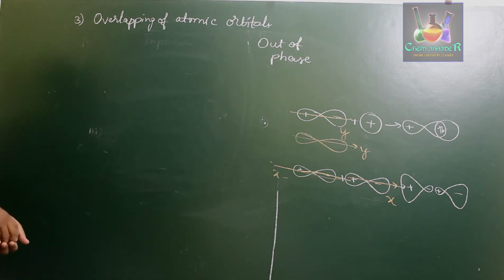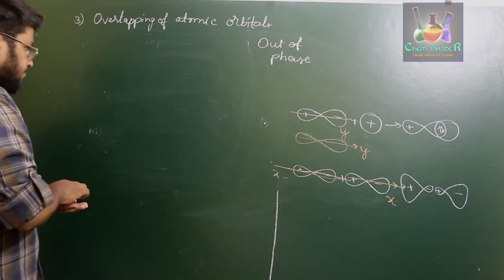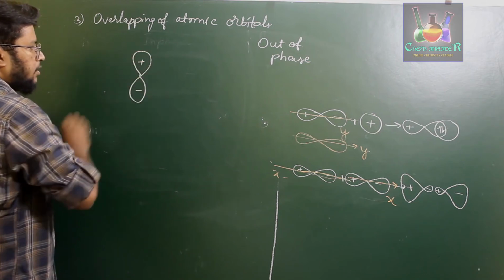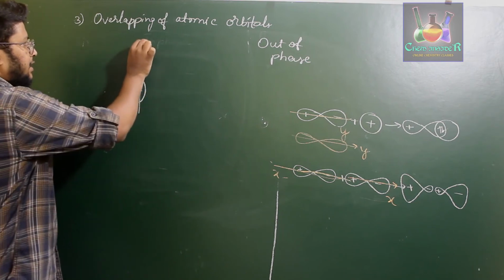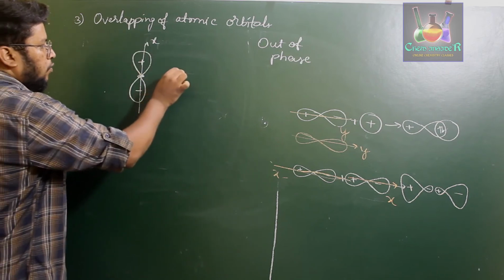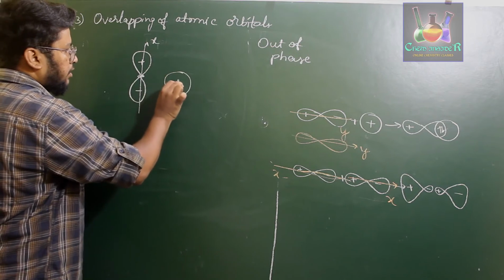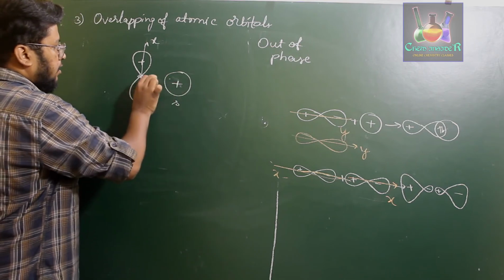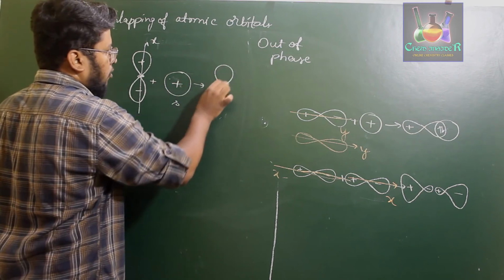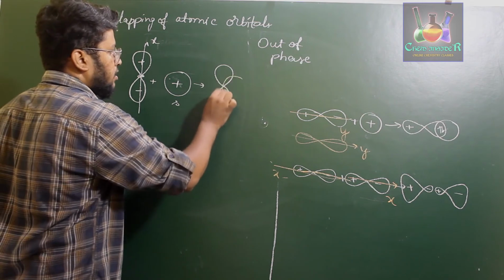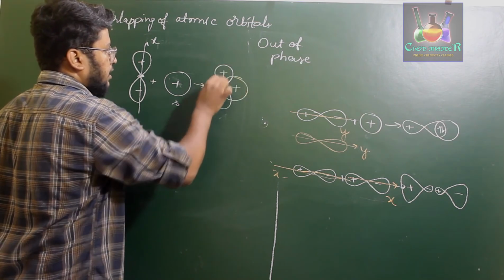Next, for the zero phase orbitals, if we are considering a p orbital like this, which is, let us say, in the x-axis, and this is the node center, and now you are overlapping an s orbital with a positive charge on this, it will form a zero phase overlapping, such as like this.